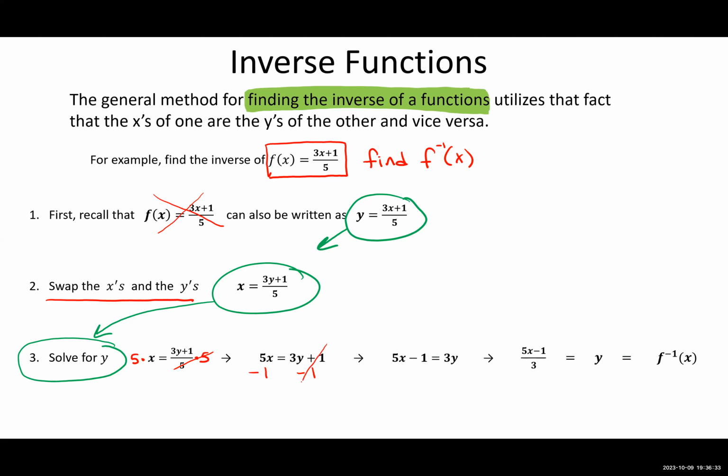That'll cancel the plus 1. And now we have 3y on the right, 5x minus 1 on the left. We can divide both sides by 3. That will cancel off the times 3. And now we're here.